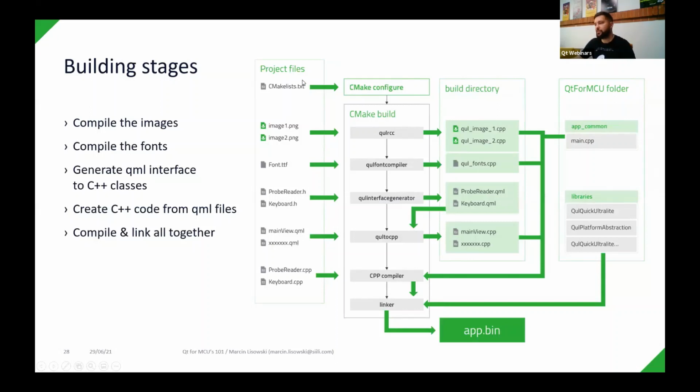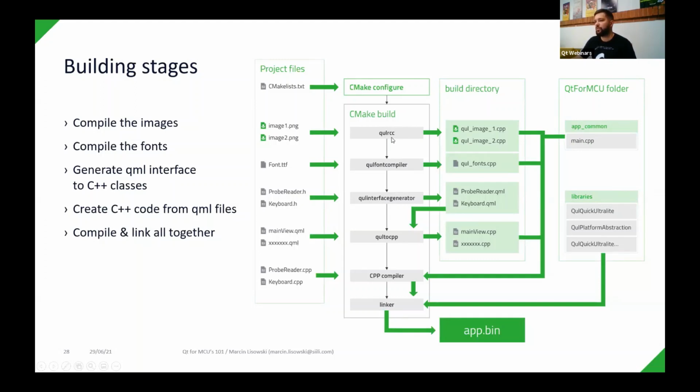So the first thing that will happen is, of course, the root CMakeLists.txt file, which defines your CMake project at all. So everything that will happen with your application in the compilation process is defined in your CMakeLists.txt. And the next step is to compile the images, if there are any, for your application. So if you have any assets in your app, they will be prepared by the tool called QLRCC.